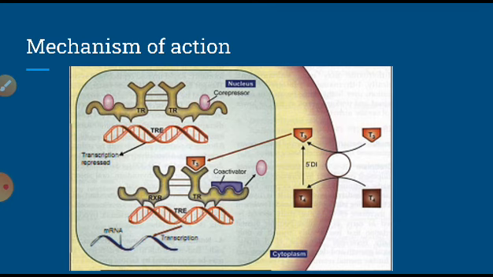A major effect of T3 and T4 is to enhance general protein synthesis and cause positive nitrogen balance. And these thyroid hormones, like steroids, induce or repress proteins by increasing or decreasing gene transcription.